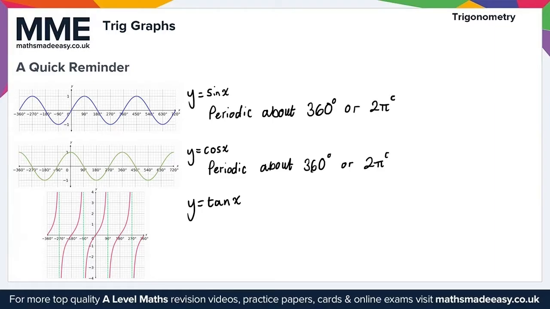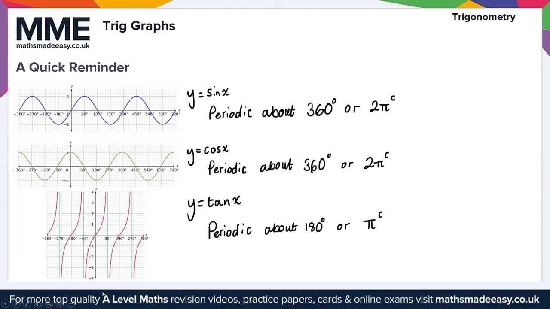We can see that tan x is periodic, and be slightly careful here: unlike the other two, it's not periodic about 360 degrees, but about 180 degrees. We can write that in radians as pi radians. You can see that clearly from the graph. We start at the origin, and if we add 180 degrees to that, we arrive here again, and you can see that again at -180.